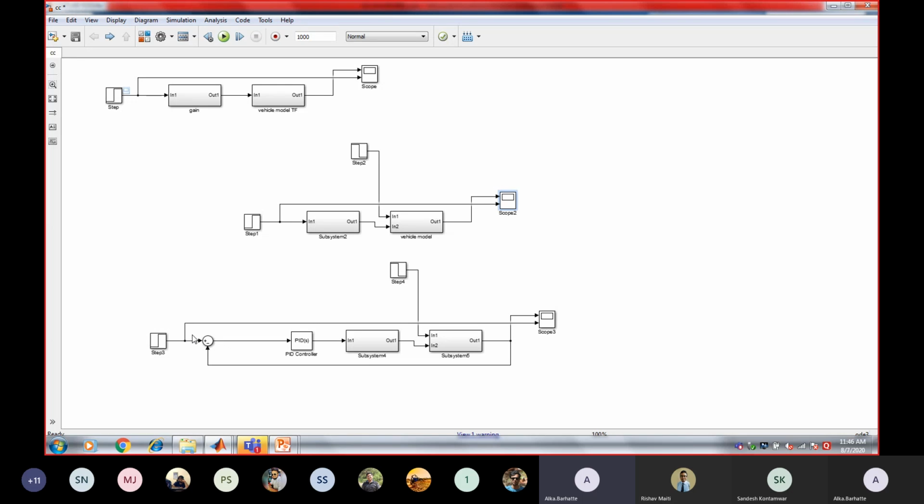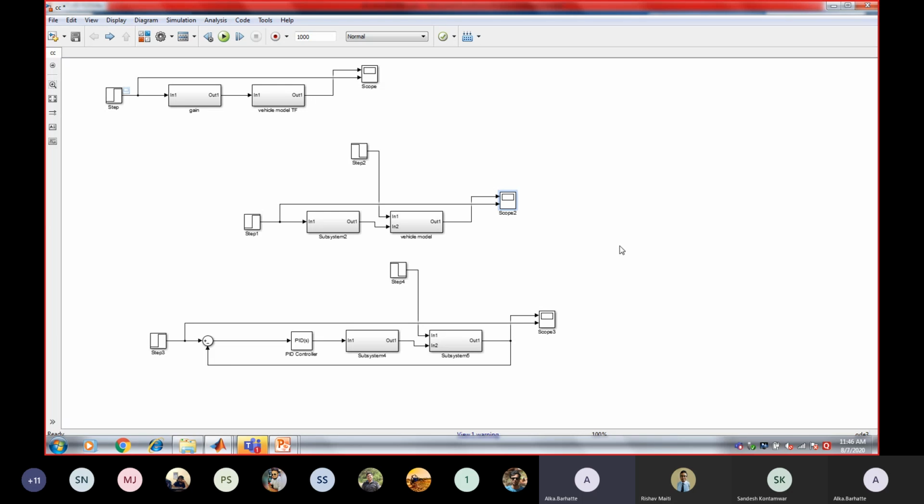It will obtain the error between the reference speed, or expected speed, and the actual speed, and that error will be given to the PID. Yesterday we started with this controller. The job of this controller is to compensate the error and provide the required input to your system. So whatever reduction in the speed has occurred because of this disturbance will be reduced because of this PID controller.